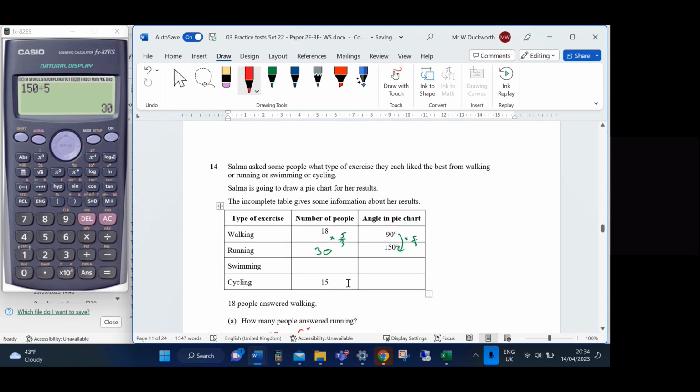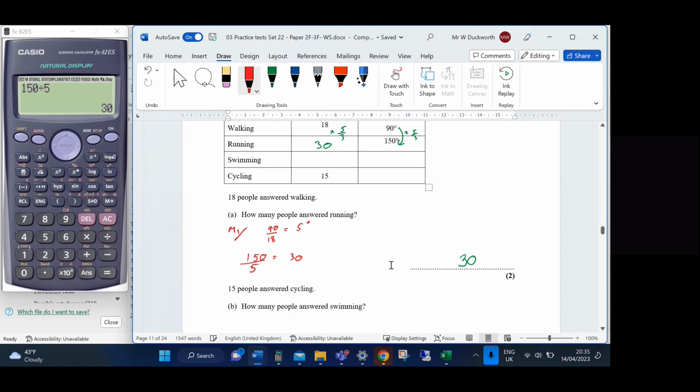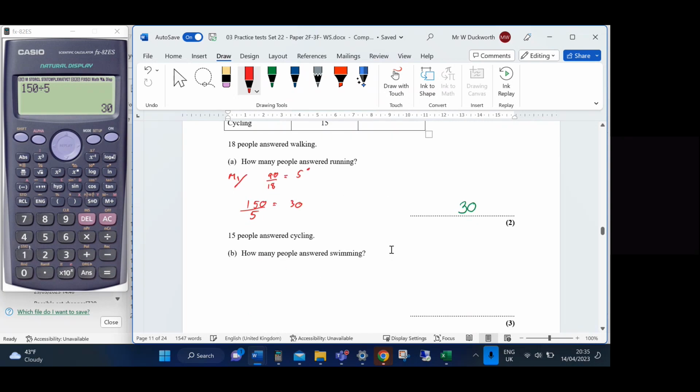Okay, so are we told the total anywhere here? Okay, so there are two ways that we could do this. I'm going to stick with this way. So if each person is worth 5 degrees, then the total number of people asked would be 360 divided by 5. There are a total of 72 people that were asked.